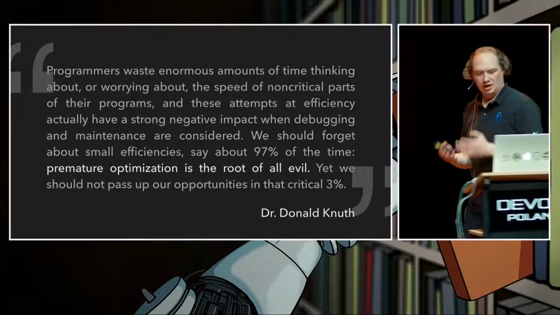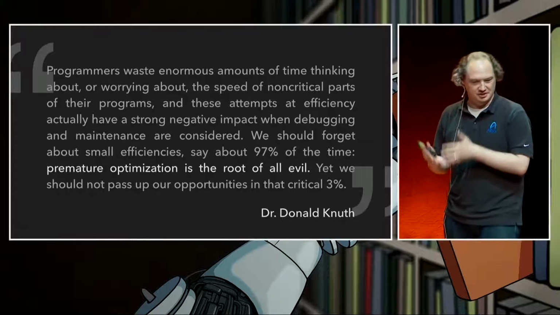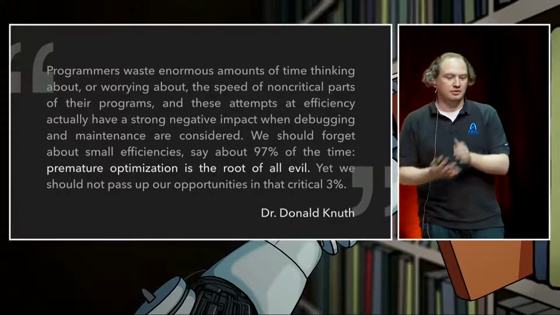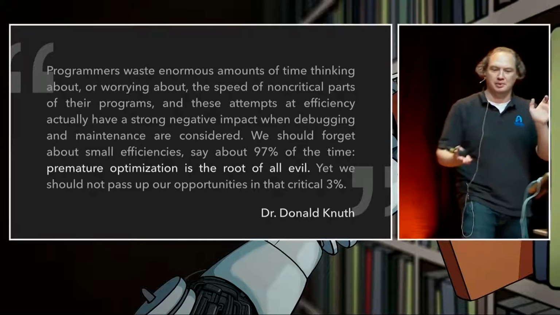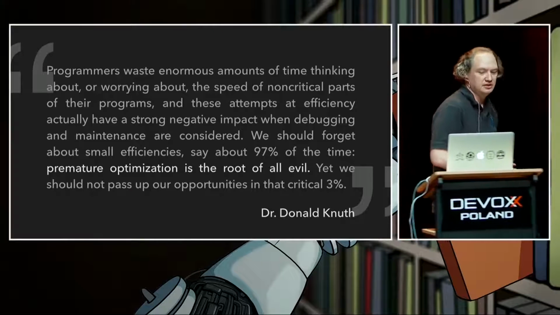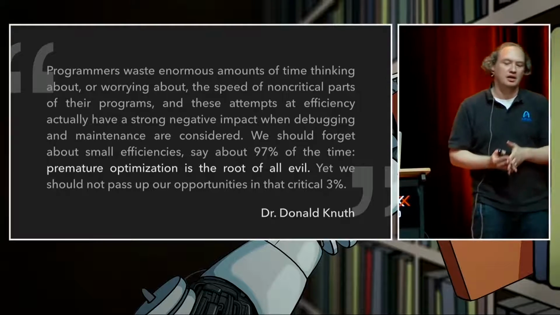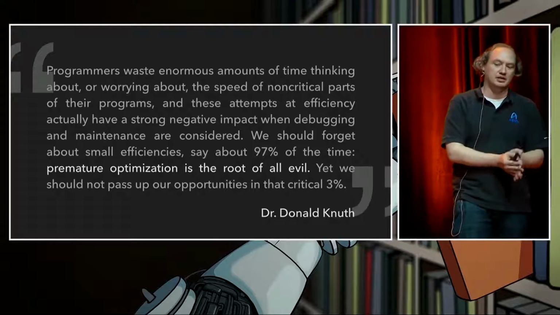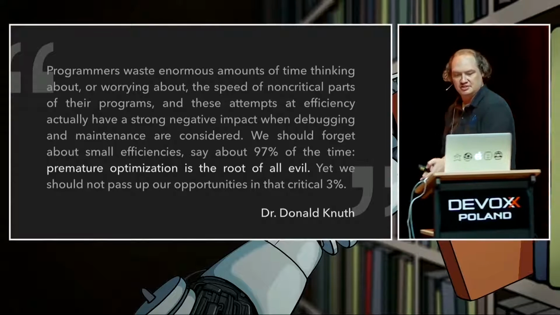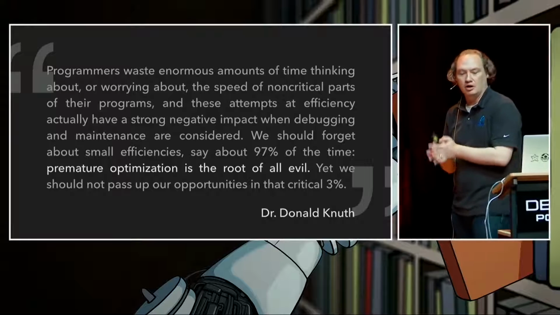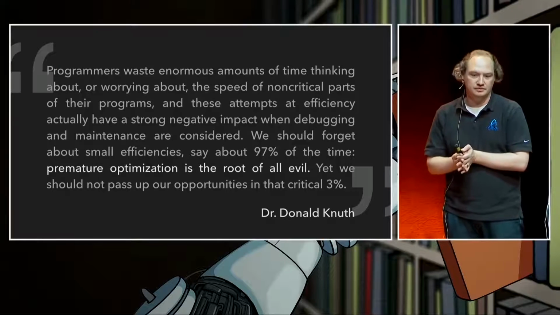And I think we do a lot of evil in the name of "premature optimization is the root of all evil." We're often forgetting a lot of the other context of that quote. Just looking at the whole paragraph makes a big difference. He said, "Programmers waste enormous amounts of time thinking or worrying about the speed of non-critical parts of their programs, and these attempts at efficiency actually have a strong negative impact when debugging and maintenance are considered.